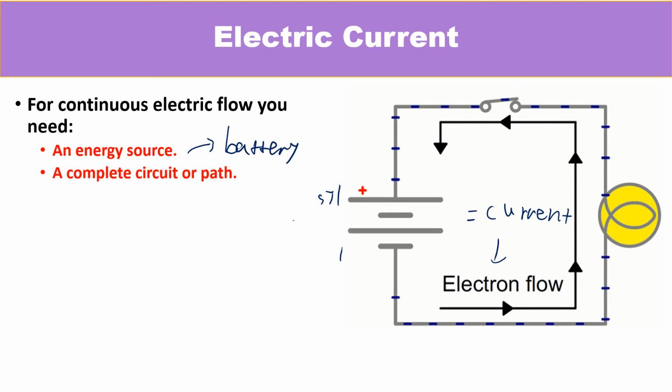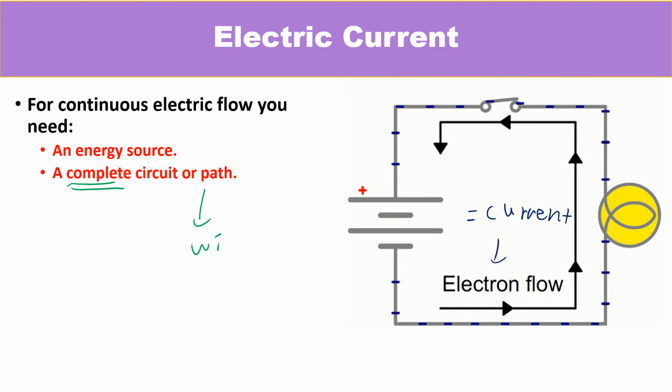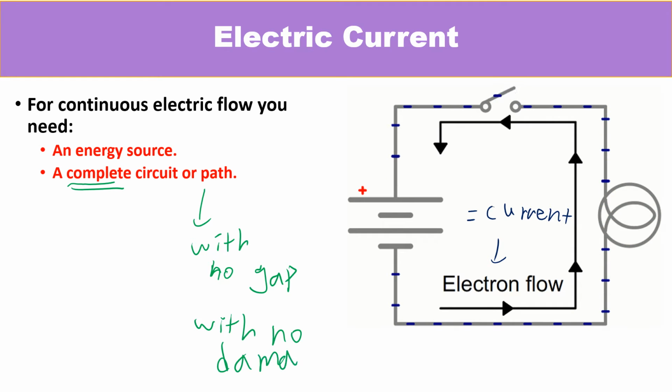On the other hand, what we also need to consider, like I mentioned, is a completed circuit or path with no gap, with no damage in between. Imagine there is a physical cut in this wire.